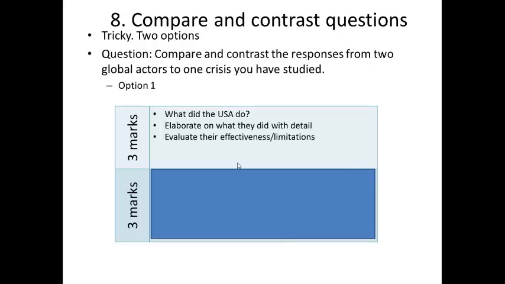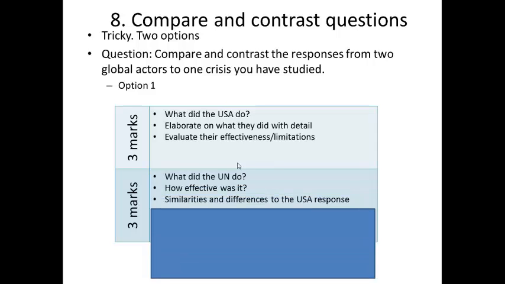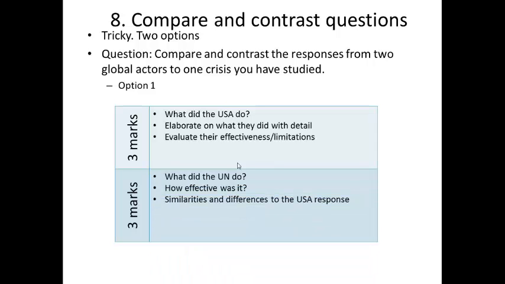Compare and contrast. 2 ways to do this. And I strongly encourage you to get this PowerPoint and go over it in more detail. 3 marks on one actor's response. You say what they did, you elaborate, you give detail. 3 marks on the other one, and when you're talking about the second one, that's when you're doing similarities and differences.